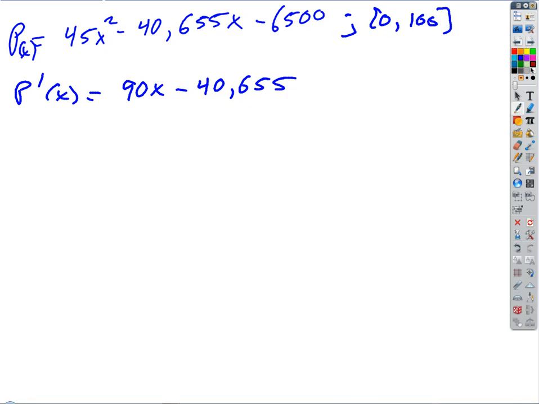It's going to be more than 100, because 100 times 90 would be 9,000. So P prime equals 0 when x is greater than 100. That's all we need to know. We can only sell 100 of them, right?